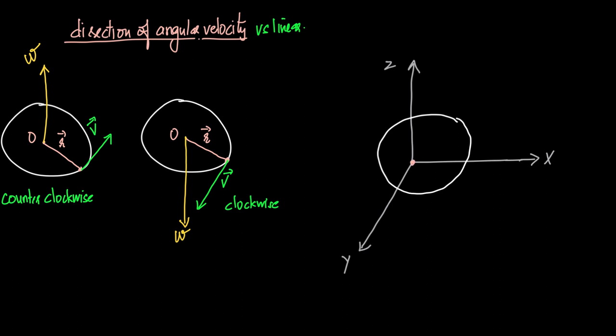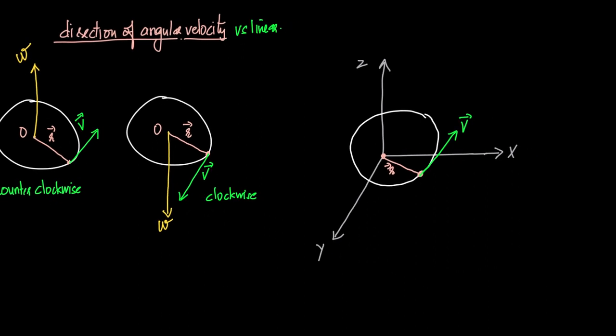And say from the origin, this is the position vector r, and let us assume that the motion is taking place in a counterclockwise direction. This is the linear velocity vector v.